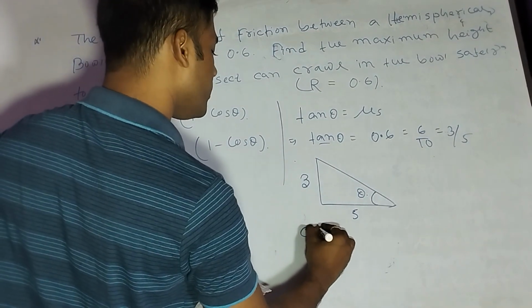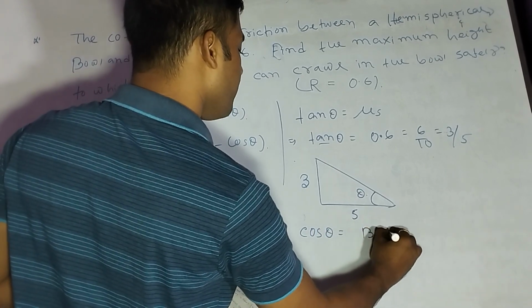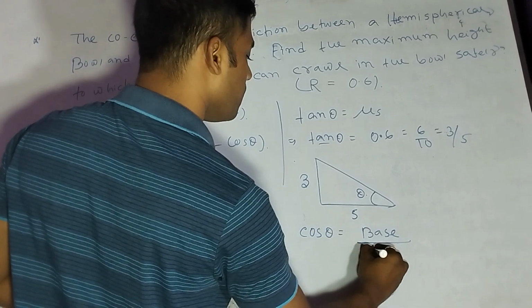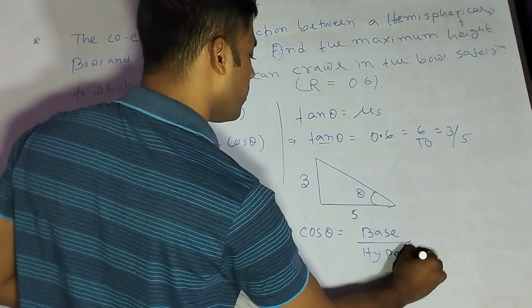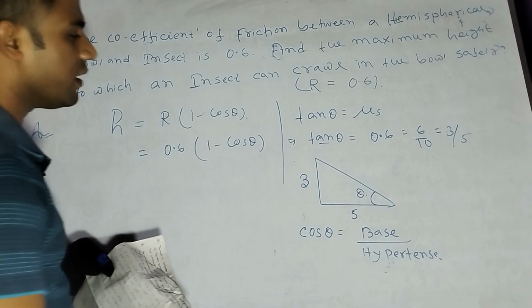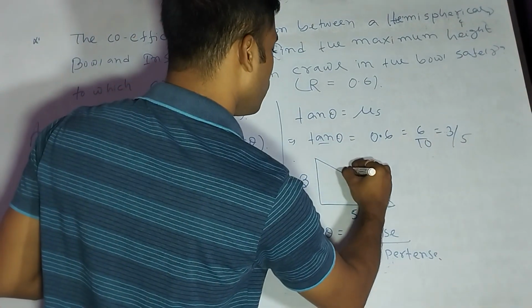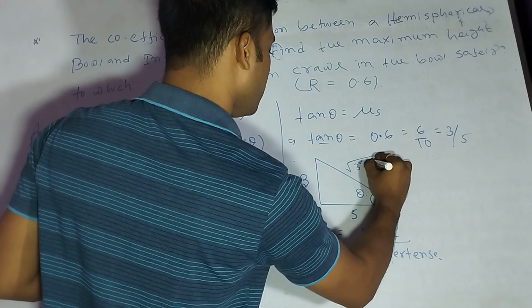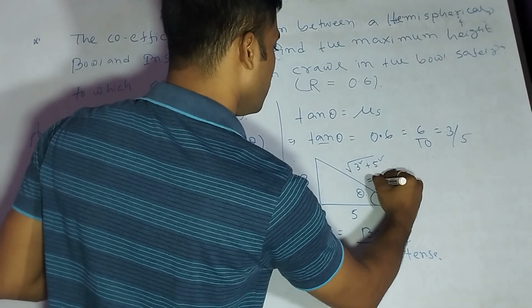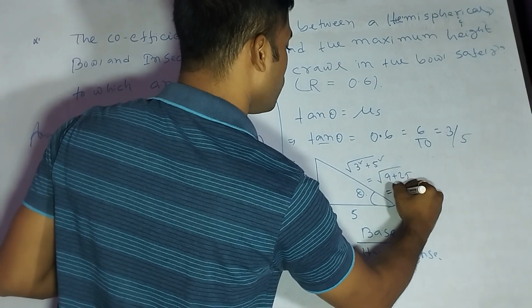We know that cos theta is equal to base by hypotenuse. The hypotenuse value is root over (3 squared plus 5 squared), that means 9 plus 25, root over 34.